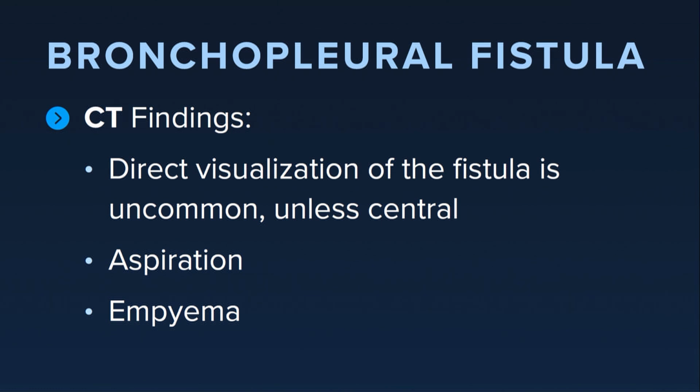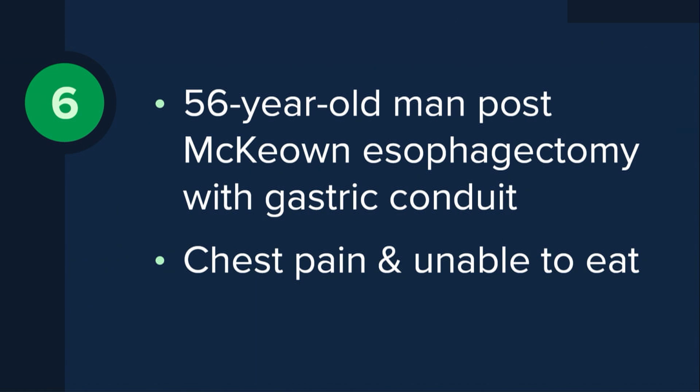The central ones are obviously much easier to identify than the peripheral. Patients are at increased risk for aspiration because you have a communication with this collection which may become infected directly with the airway. And so you can get an empyema, and then they end up refluxing into the airways. It becomes more widely disseminated throughout the lung, as we saw in the case I showed earlier.